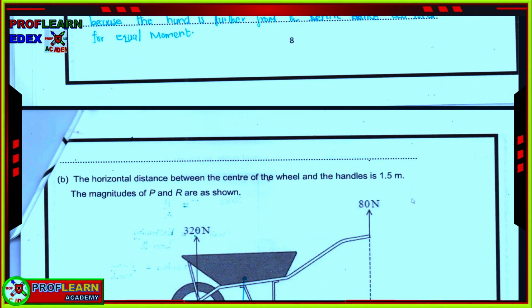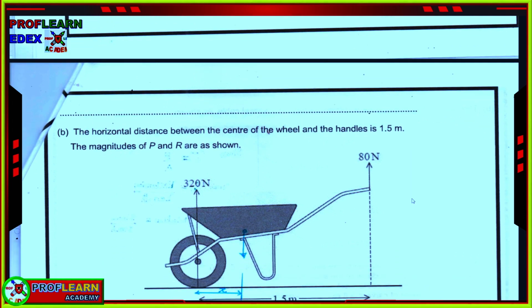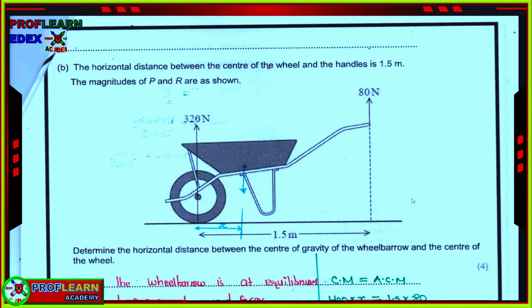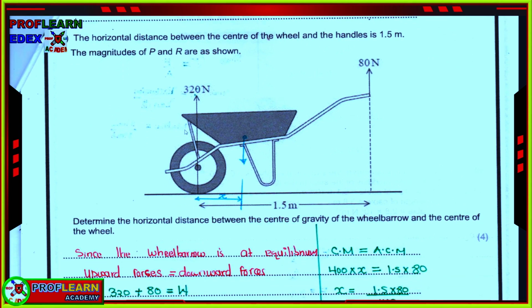The horizontal distance between the center of the wheel and the handle is 1.5 meters. The magnitudes of P and R are shown here. So we are told the value of R is this and the value of P is this. We don't know the weight.